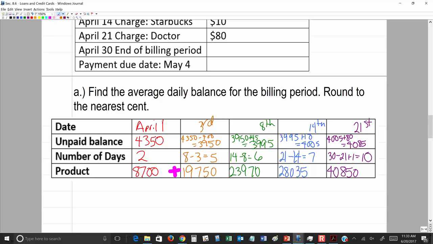So you're going to add all these up, and then you're going to divide it by 30. So that gives me $4,043.50 as the average daily balance.